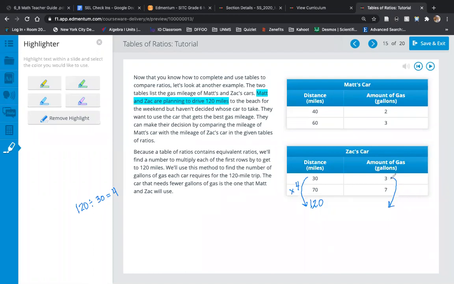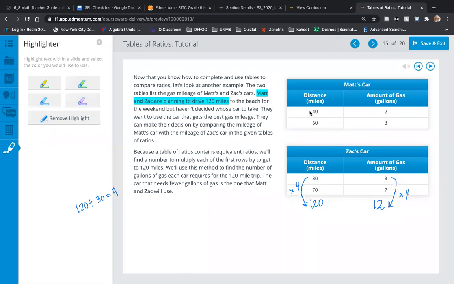So I take 3 gallons, multiply that by 4. 3 times 4 is 12. So doing those 2 steps, what this tells me is that if I give the car 12 gallons of gas, that car is going to be able to go 120 miles, which is what we were looking for before.